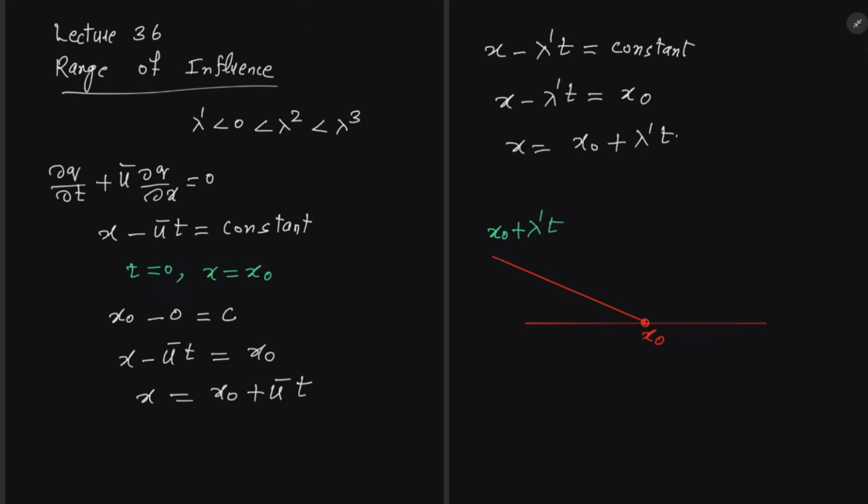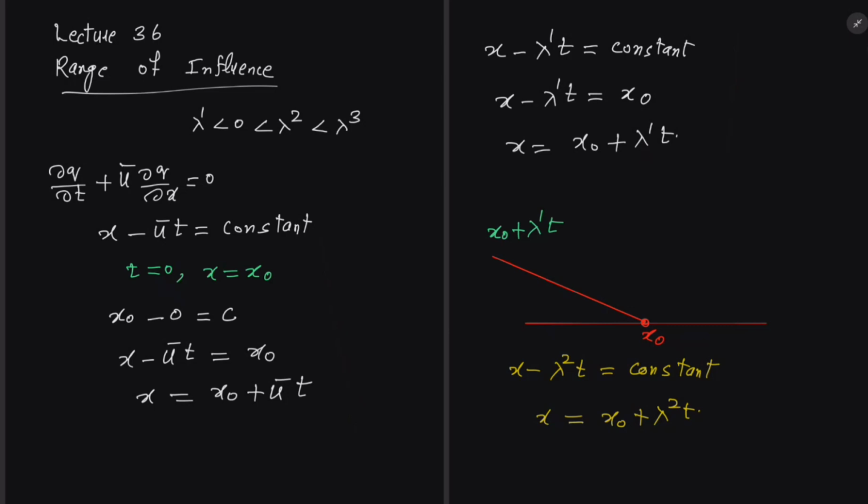The second characteristic, for example, we have x minus lambda 2 t is equal to constant, and this equation becomes x naught plus lambda 2 t. We follow the same procedure.